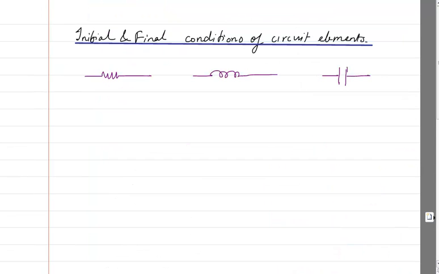Now when we come to the initial and final conditions of the circuit element, what is the need for this? When you are charging a capacitor, or connecting a voltage source to a capacitor, the capacitor will slowly start charging.